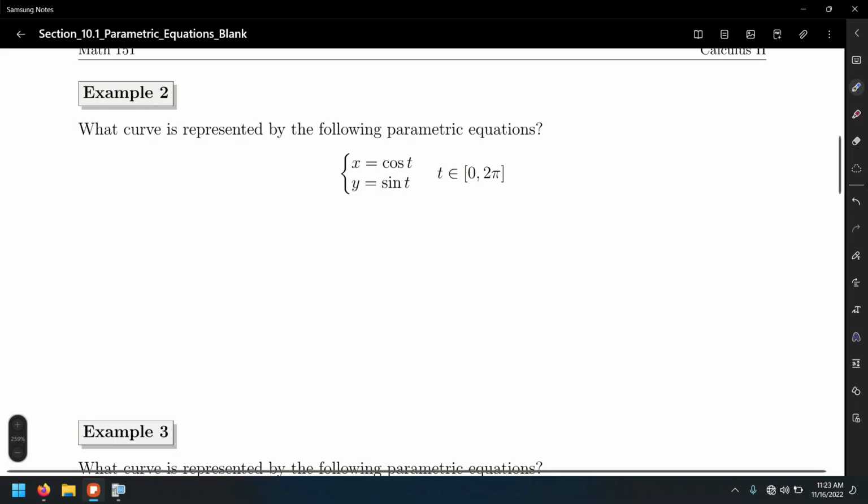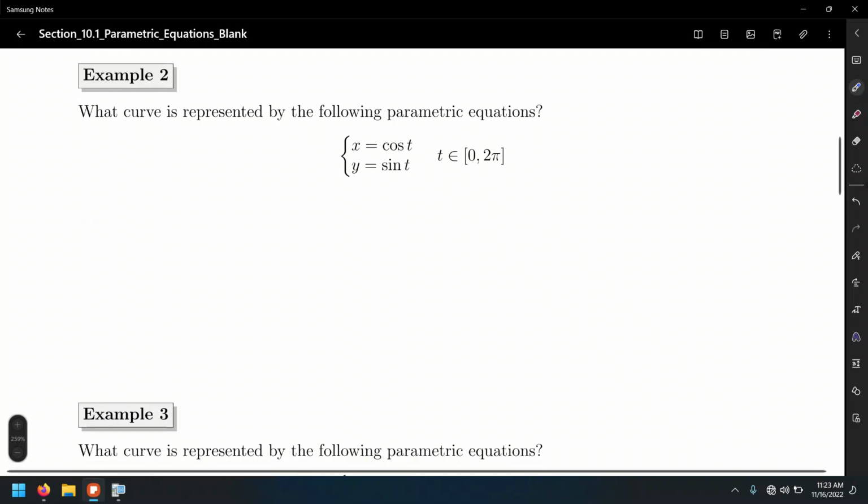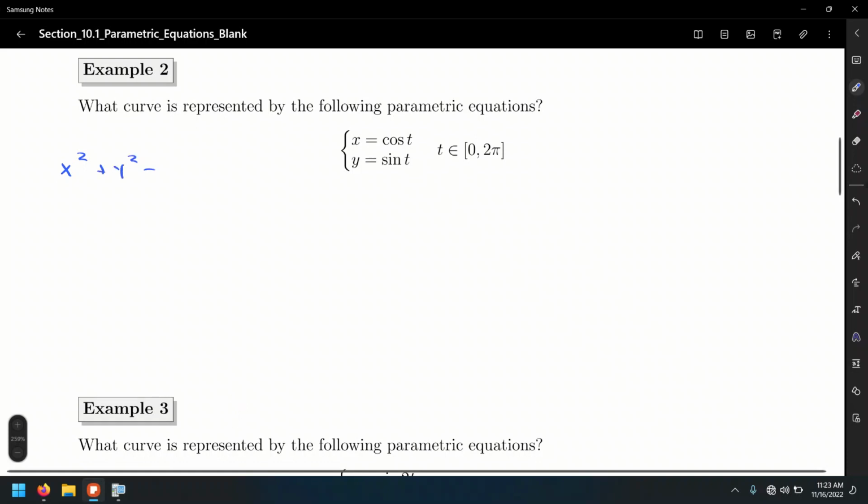However, we need some sort of a transition equation to go from the parametric to the rectangular, of course. So x equals cosine t, y equals sine t. If we use the equation of the circle, x squared plus y squared equals 1, let me do it in steps. x quantity squared plus y quantity squared, so we can plug in the corresponding values of t.